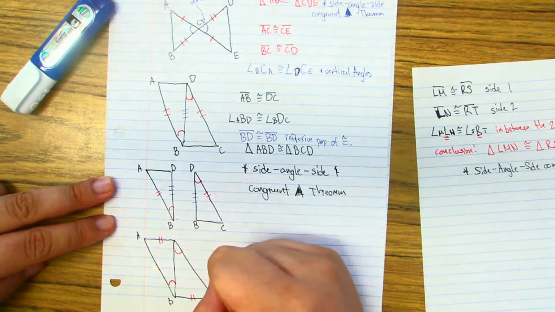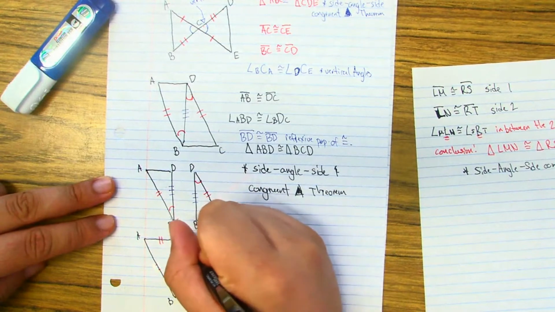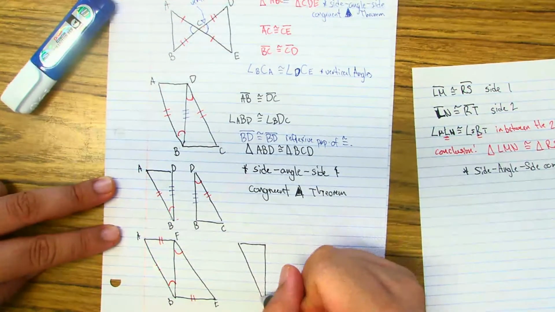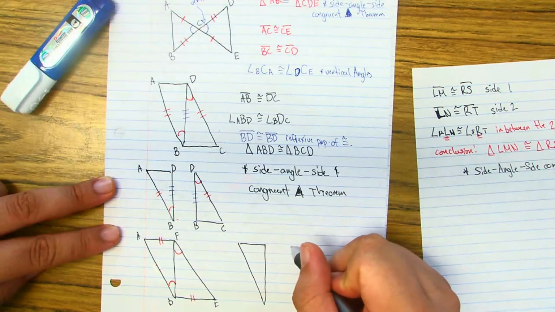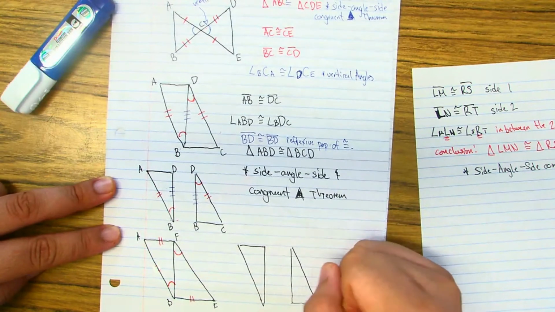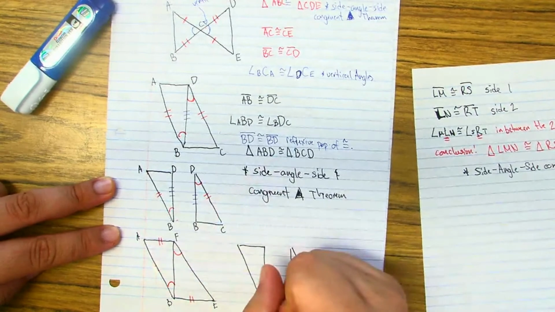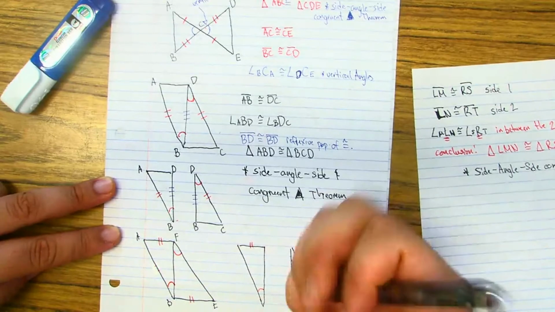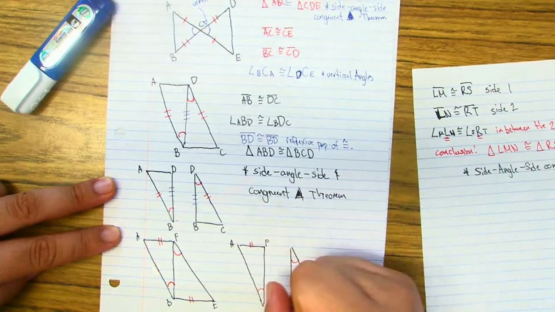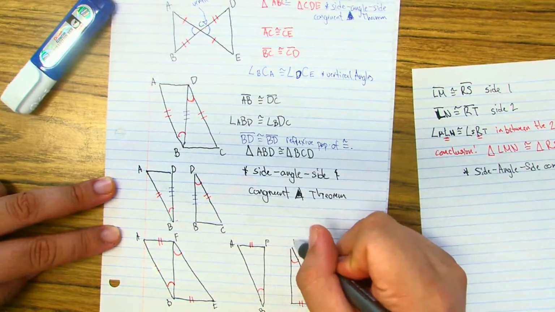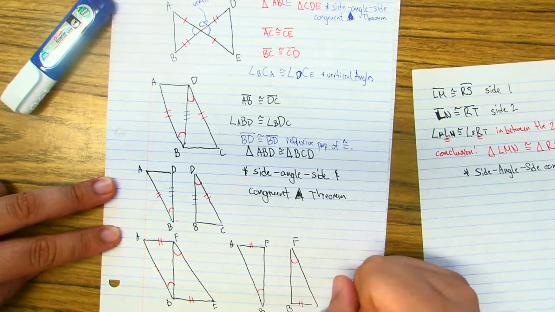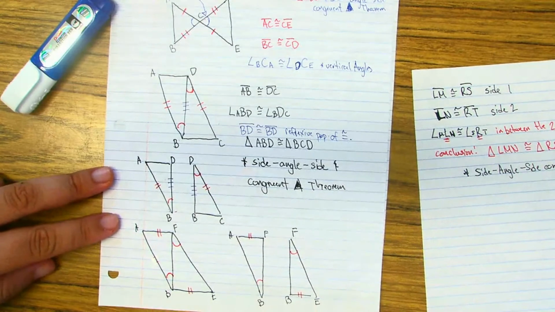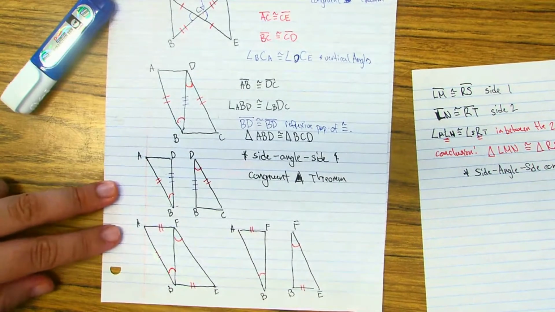Let's just change it up a little bit. So we can just redraw it here. And we can draw the angle here, and we can draw the congruent sides here in the bottom. We can label everything. This is A, F, B, and this here is F, B, E. Okay? So here, this is an example of why they are not congruent.